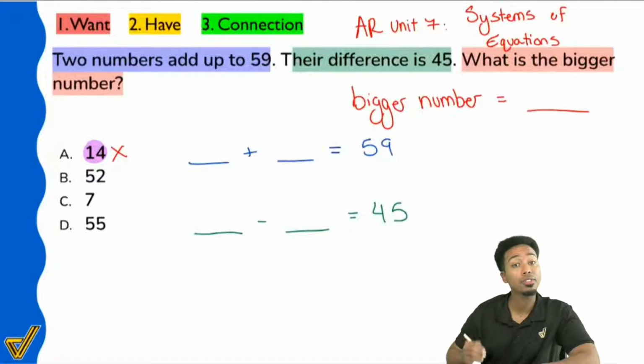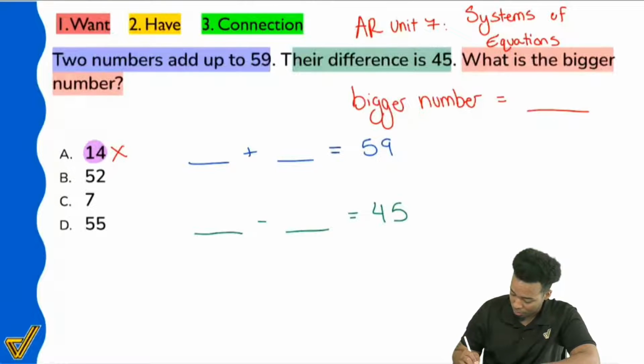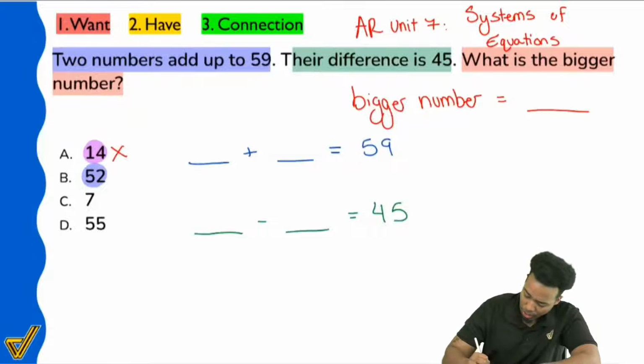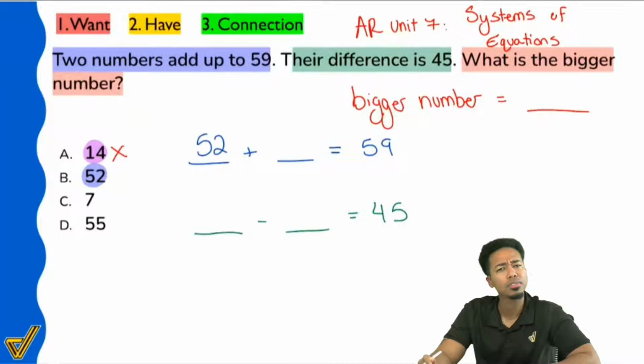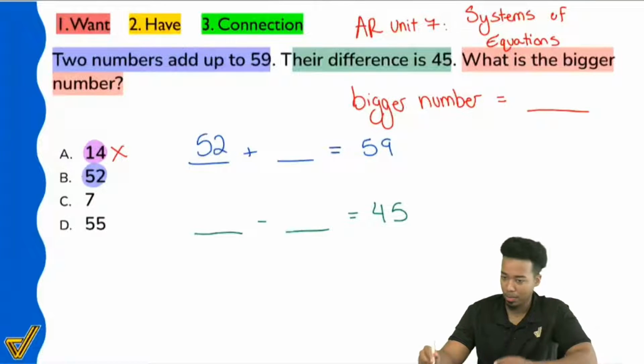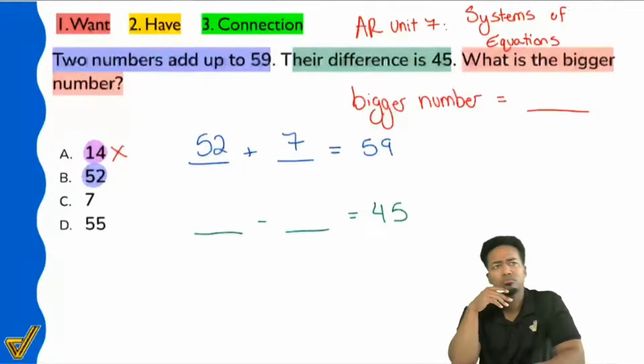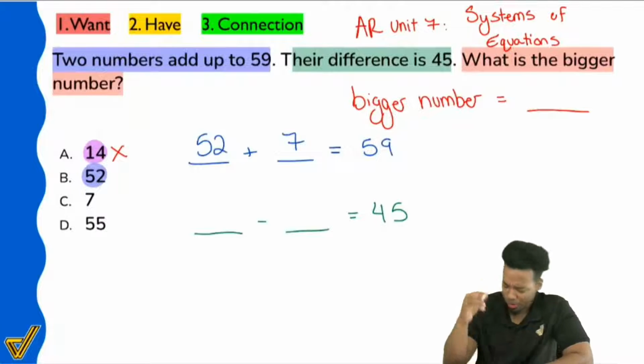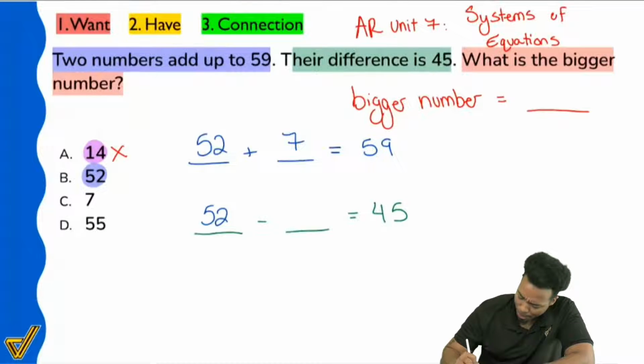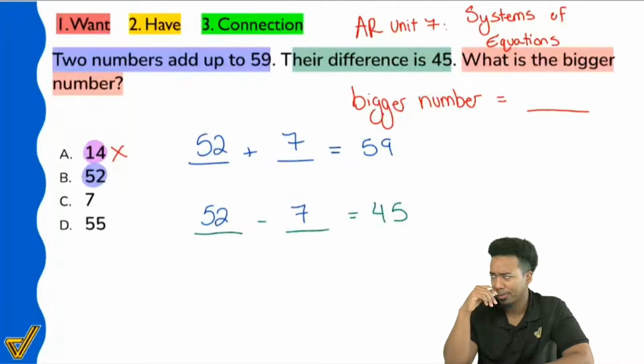Let's try 52. Everybody, if we tried 52, let's go ahead and highlight that in blue there. What number plus 52 gives us 59? That'll be 7. That's right. Let's use those same two numbers. Is 52 minus 7 equal to 45?